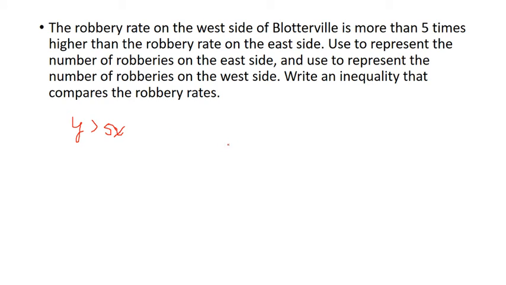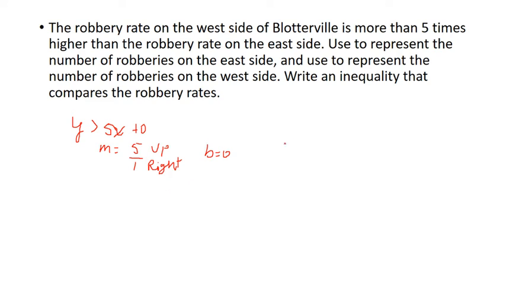If I want to graph this, this one is going to be easier to graph because we have the slope, and it'll be 5 over 1. I'm going to go up 5 units and right 1 unit. My y-intercept is going to be 0 because I have no number after the x term.